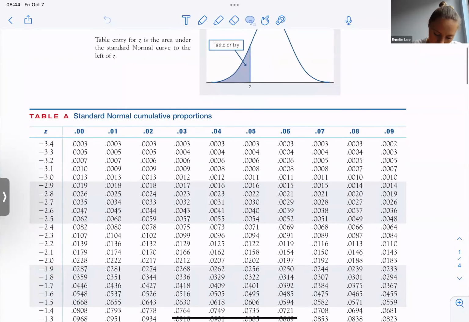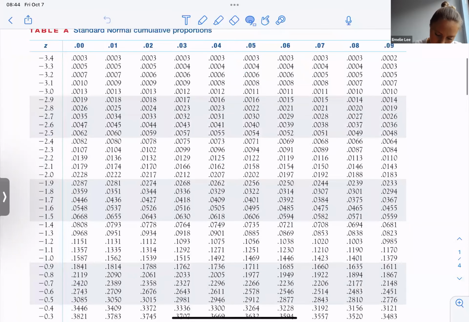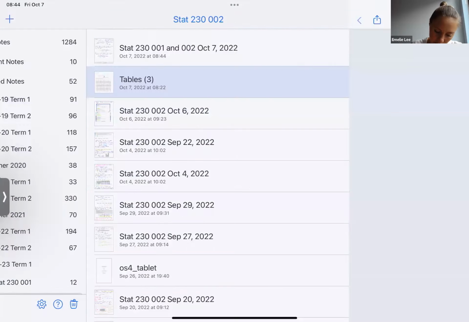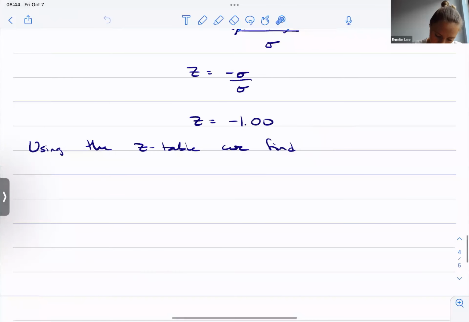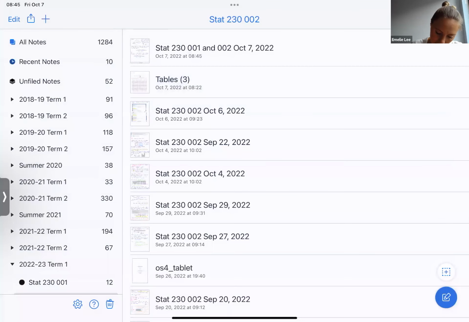Again, I'm going to steal this top portion, but it's way down here, negative 1.0. Sorry, it's catching up. So I'm going to do this in two parts.